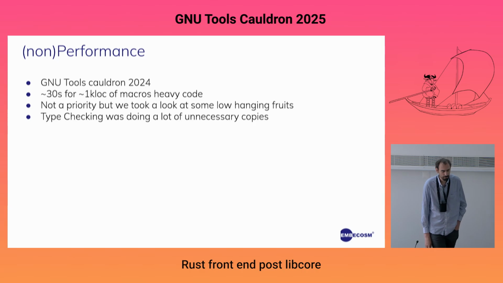We had a small problem at the last Rust conference, where we were a bit worried because we found some problems. For example, a file that was very macro-heavy, let's say 1,000 lines of code, would compile in almost 30 seconds. That's not a real benchmark.